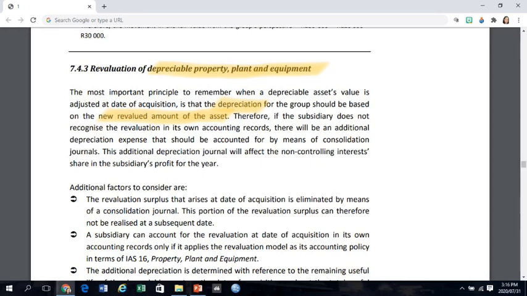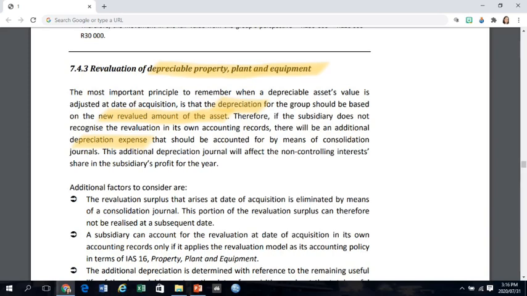Therefore, if the subsidiary does not recognize this revaluation in its own accounting records before we consolidate, there will be an additional depreciation expense that should be accounted for by means of consolidation journal entries.